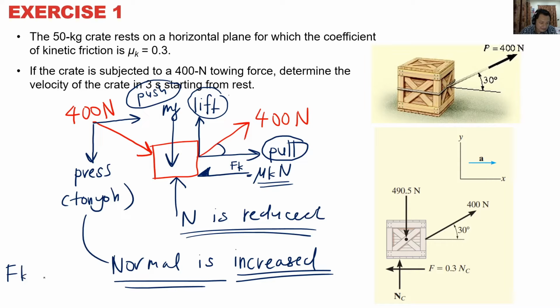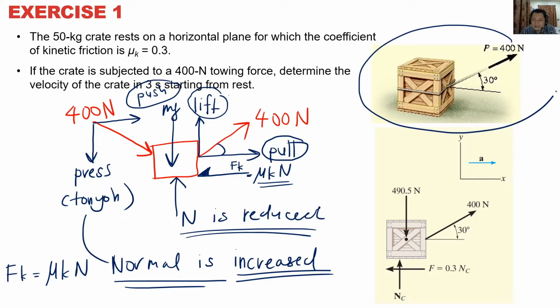Your kinetic friction, which is equivalent to mu k kali normal, will become harder. So your box is harder to move. We have lost a lot of good forces by doing this pressing action and tonyo action.